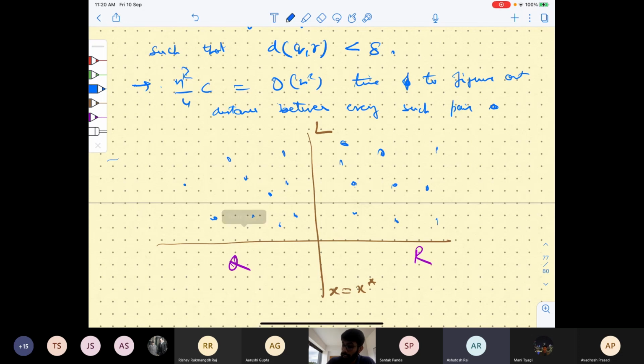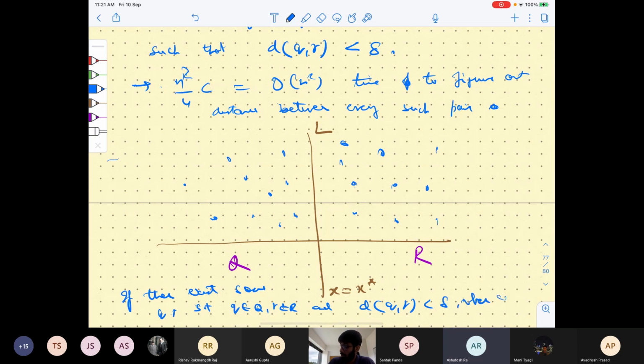Now, if there exists some q comma r such that q belonging to Q, r belonging to R, and d of q comma r is less than delta, where can they lie? Can we say anything about their relative positioning in terms of the line L?